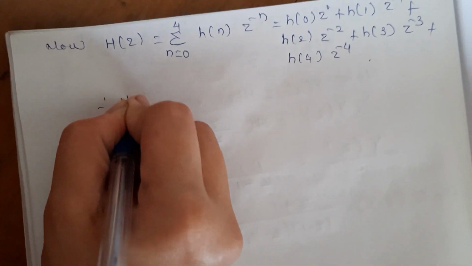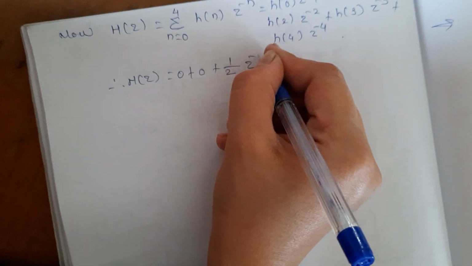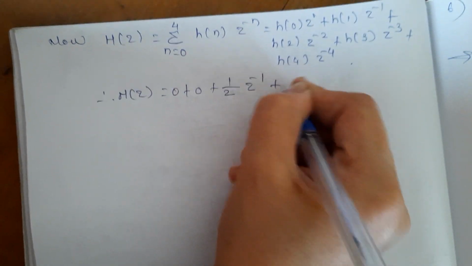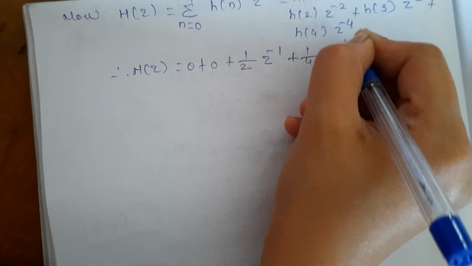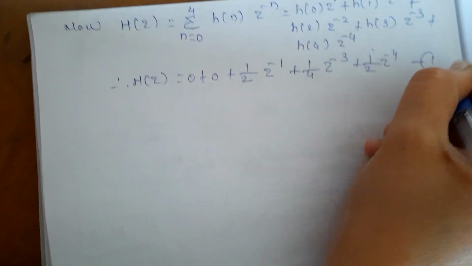So we can write this equation as 0 plus 0 plus, we substitute values of h of 0, h of 1 here, so 1/2 z raised to minus 2 plus 1/4 z raised to minus 3 plus 1/2 z raised to minus 4. This is equation 1.